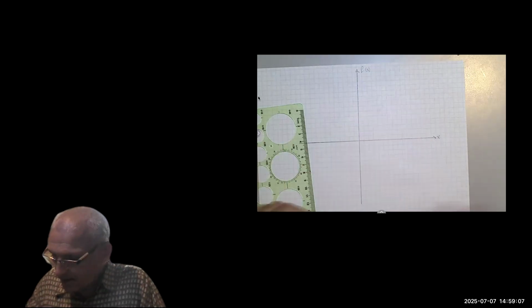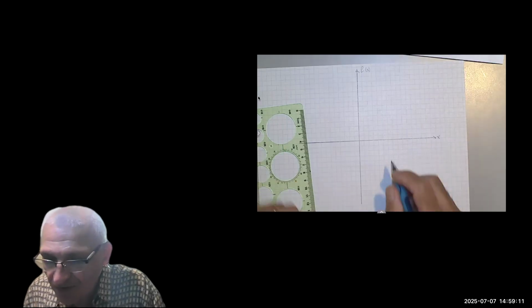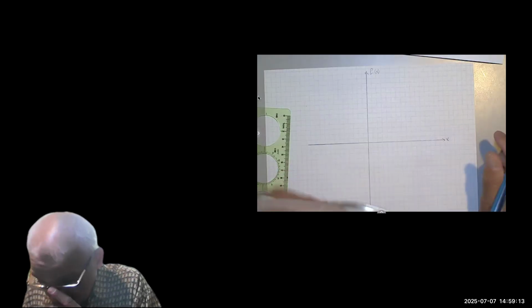Like before, I'm going to draw my x, y, and the asymptotes first. And no holes, we said. f of x. Let's take the points that we know. So first, we have the x-intercepts.